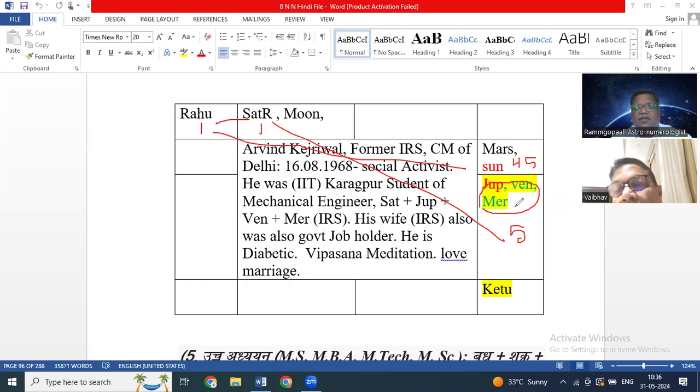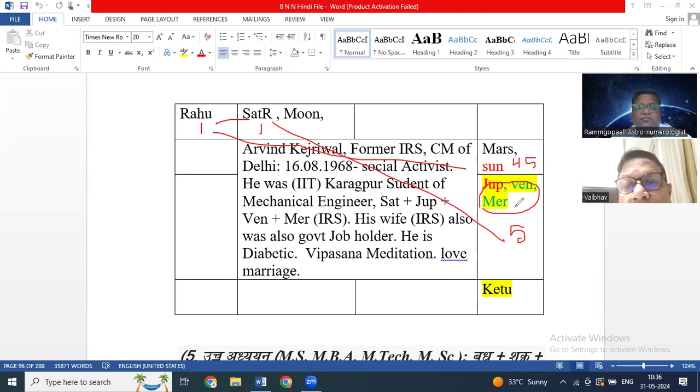Anyhow, this native got a government job and that too the highest position because of Dharma Karmadhipati Yoga. That's why he became an IRS officer. That is a wonderful profession. Here Saturn is connected to the Sun by being retro, and Saturn is already connected to Jupiter. Because of these combinations, the native became an officer in a high cadre, like IRS, Civil Service Examination. He got a very good rank.